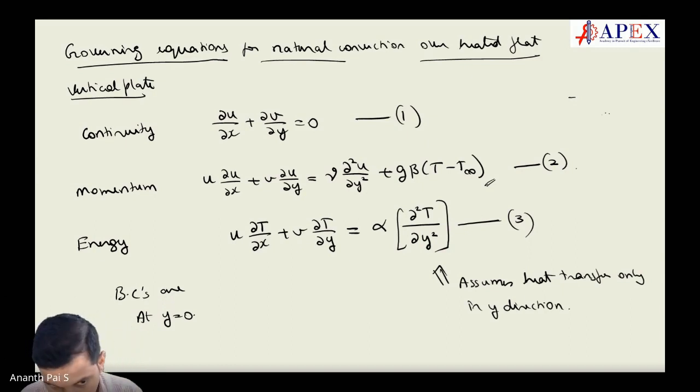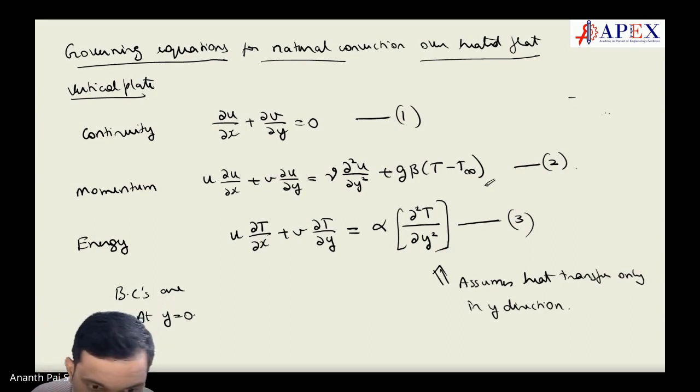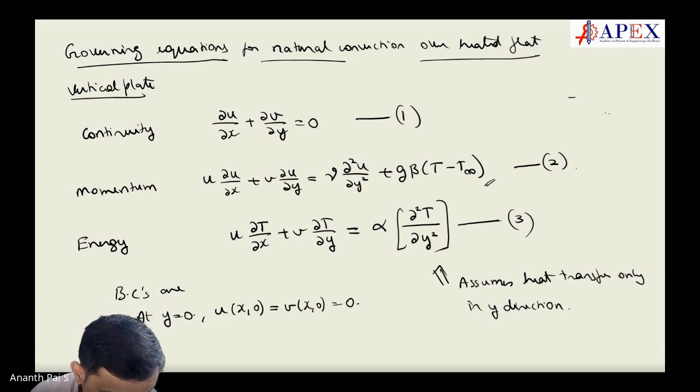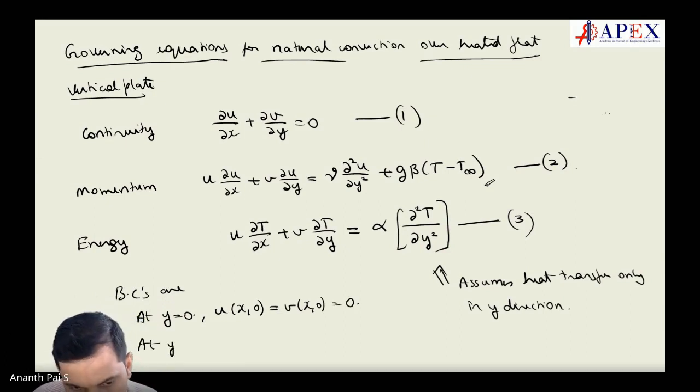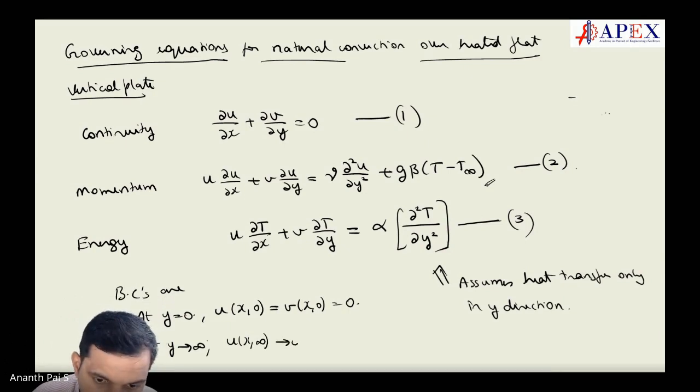Make sense? Now at y equal to 0, u of x comma 0 is equal to v of x comma 0 is equal to 0. And at y tending to infinity, u of x comma infinity tends to 0, and v of x comma infinity also tends to 0.